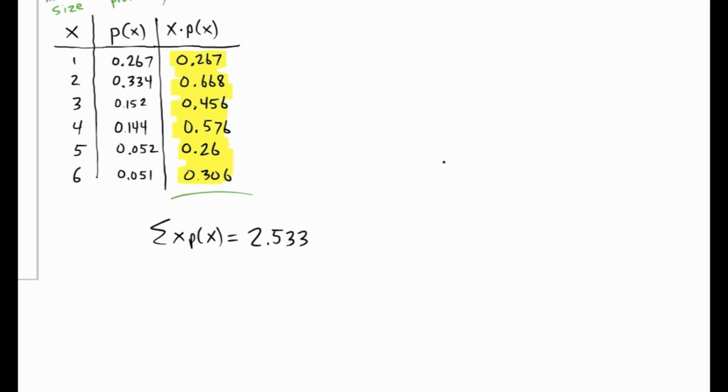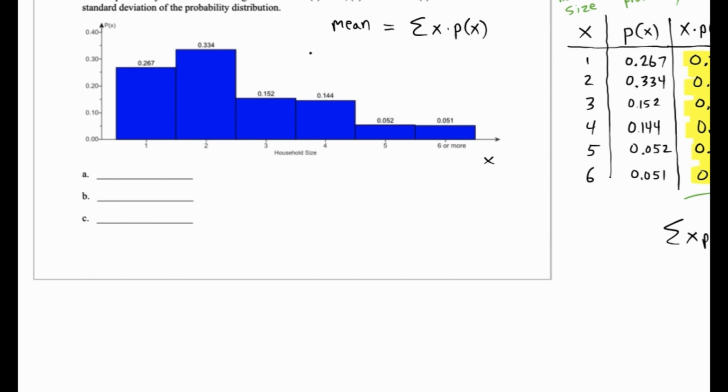So it has a formula. The variance is going to be the sum of x squared p of x minus mu squared. That's the formula for it.